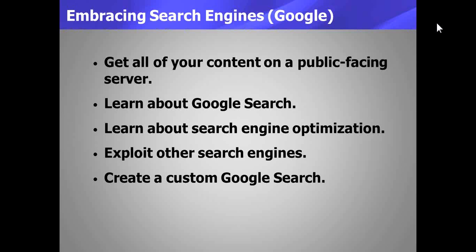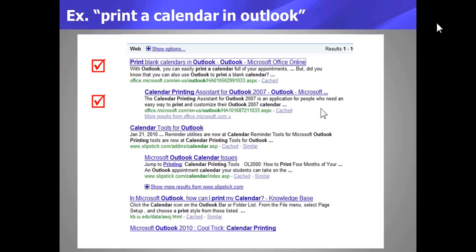And then once you've done that, think about how you can do search engine optimization to make sure that Google rates your information highly and that your information rises to the top of the hit list, as it does in this example for the search string print a calendar and Outlook.